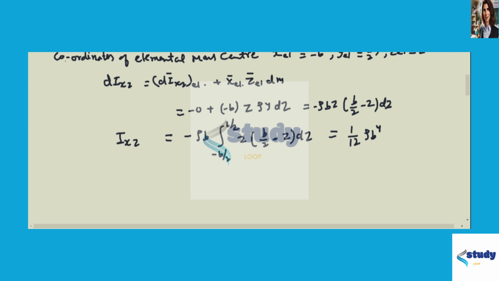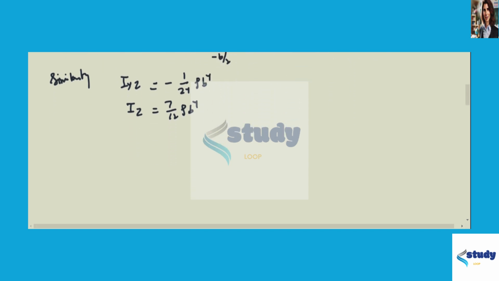Similarly, you may calculate Iyz. The method would be the same, so directly I am writing the answer: minus 1 by 24 rho b to the power 4, and Iz method would be the same. To calculate Iz, you will find 7 by 12 rho b to the power 4. Substituting the values, we will evaluate.